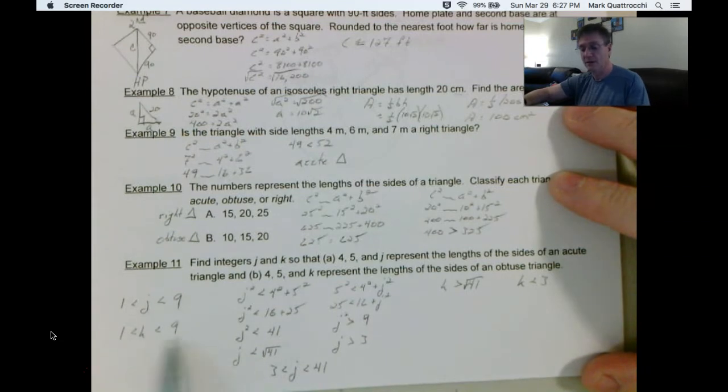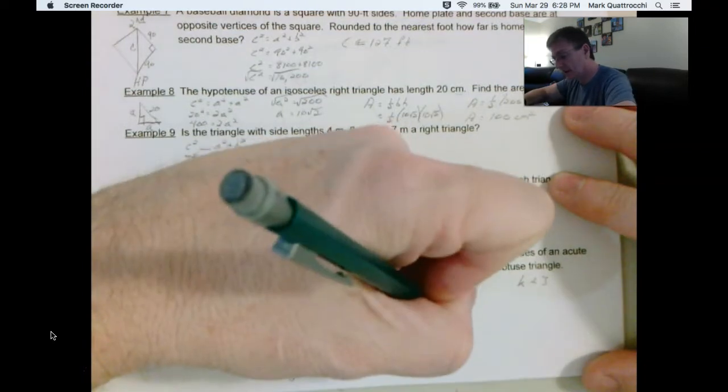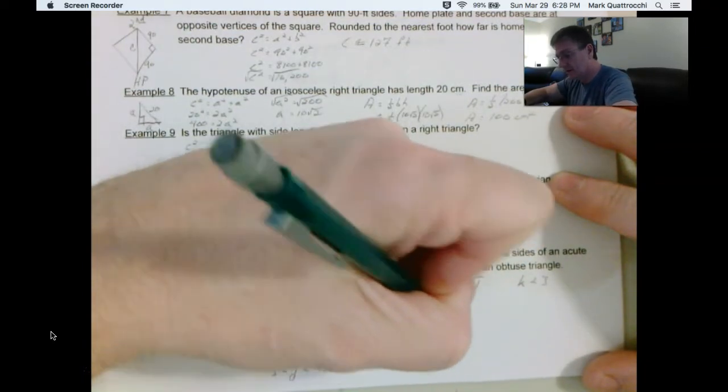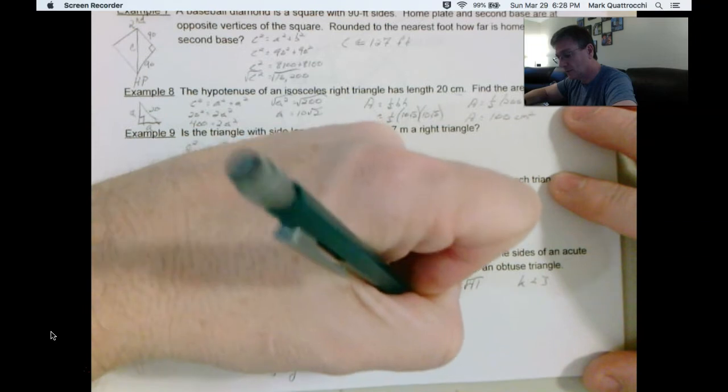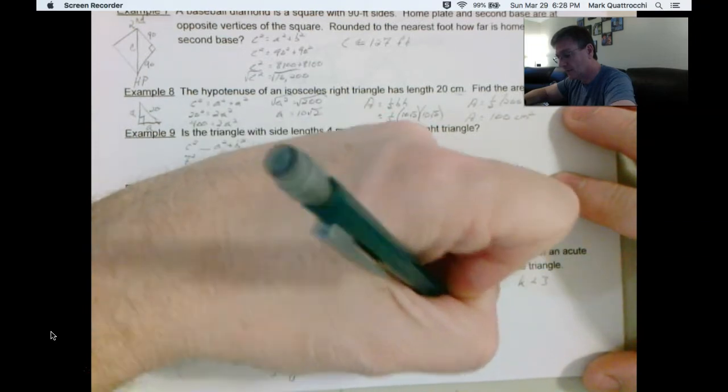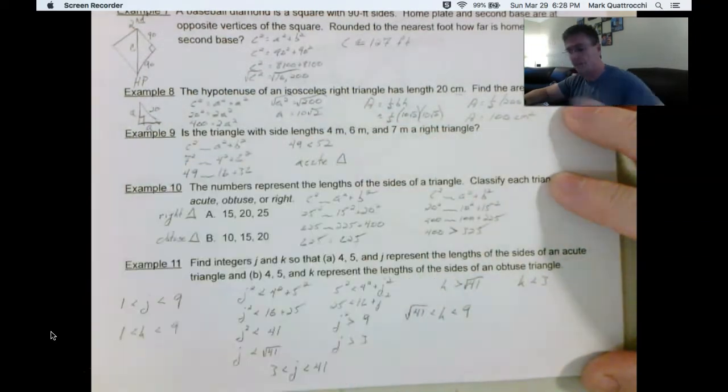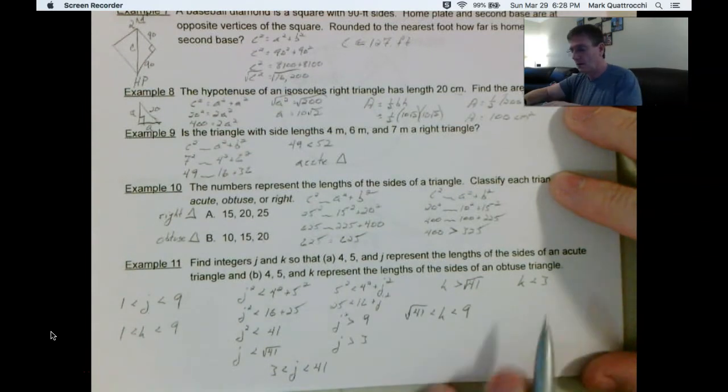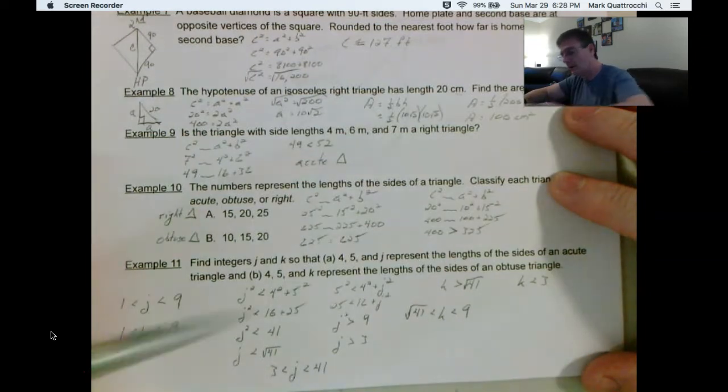And here's where these come into play. Yes, K has to be greater than square root of 41, but it can't be greater than 9. So we've got K is between square root of 41 and 9. And K is between 1 and 3. It's going to be less than 3, greater than 1.